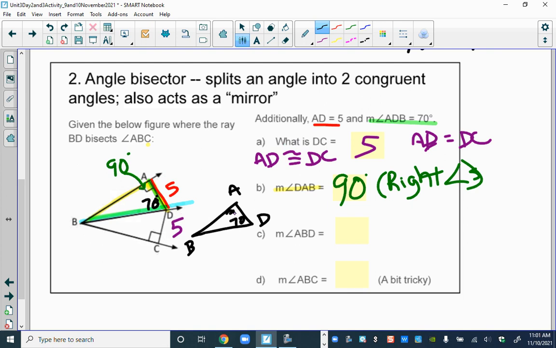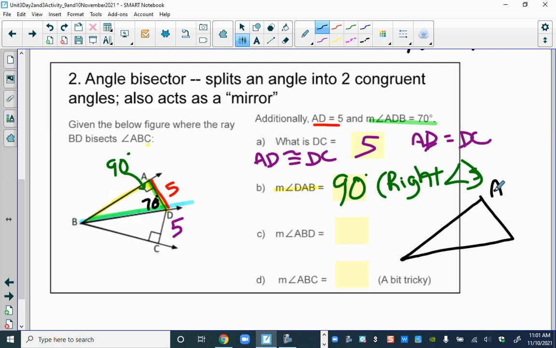Let me redraw that. In fact, I'm going to draw it over here. That'll make it easy for everybody. All right. I'm just going to redraw that top diagram. A, we said was 90. And then D, we said was 70.